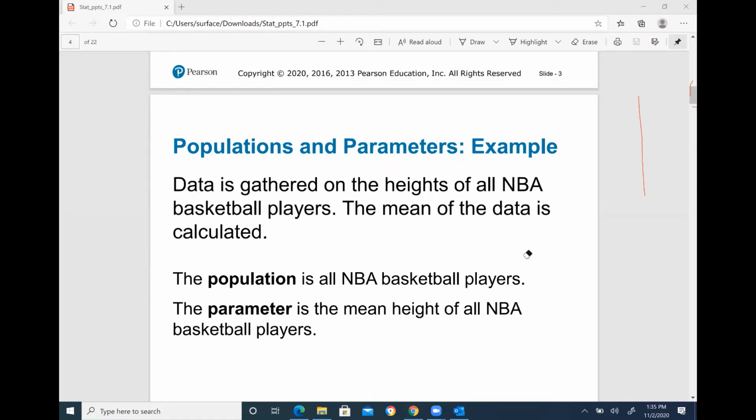The mean of the data is calculated. Because it's so general, usually they give us a number, but here they just say in general, the mean of the height of all NBA basketball players equals a number, but it didn't tell us.